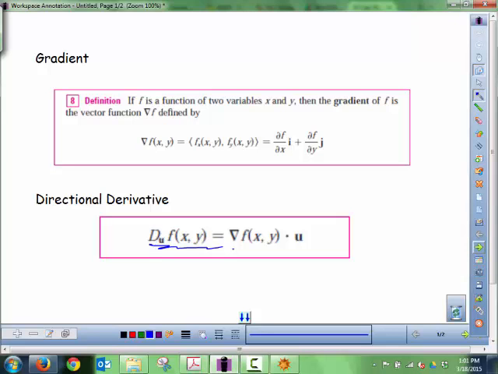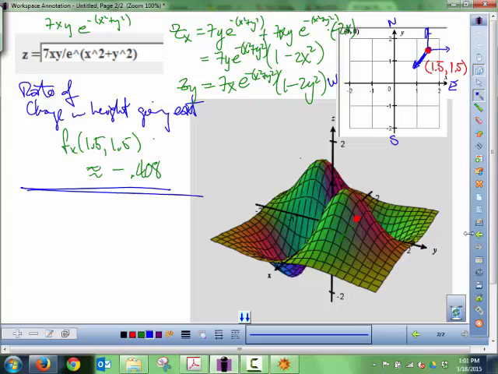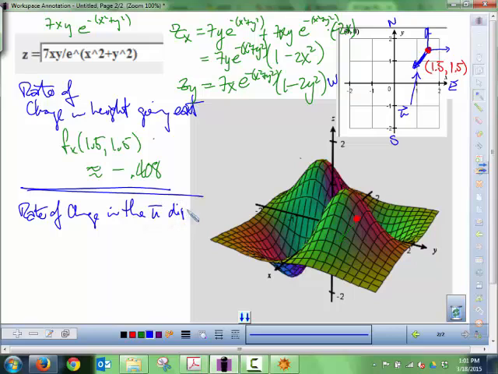So let's figure out what u is equal to. This is u. So rate of change in the u direction. So what is u equal to? Too many arrows.